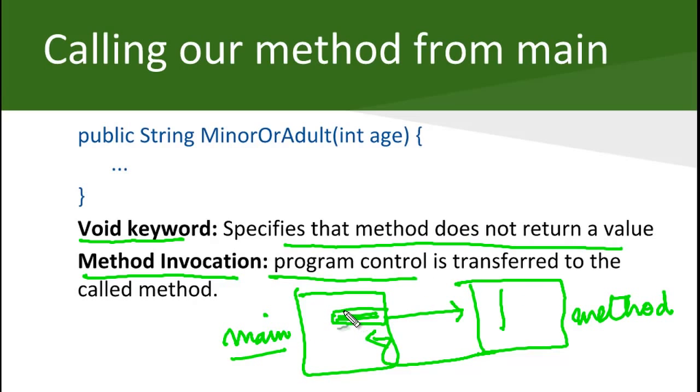So whenever the program control is at main and the method is invoked, the program control goes to the method, it is executed, and when it returns a value, the program control comes back to main.